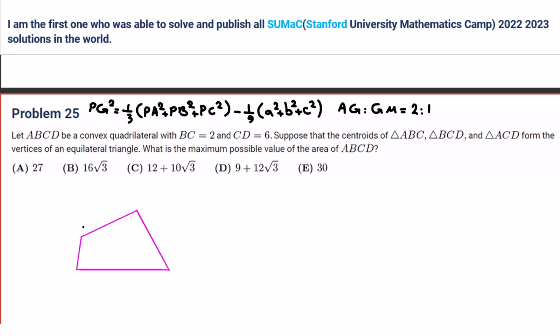Okay, so this is C. This one is D. This one is B. This one is A. It is 2. It is 6. Centroids of A, B, C. Okay, let's check. All of them that are related to C: ABC, CBD, ADC. So all 3 triangles that are related to C form versions of an equilateral triangle.